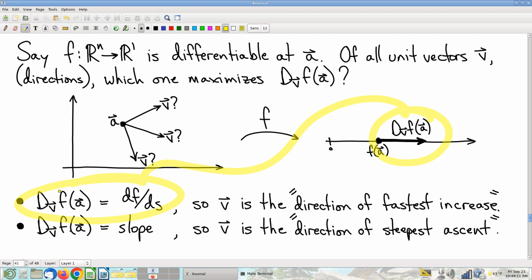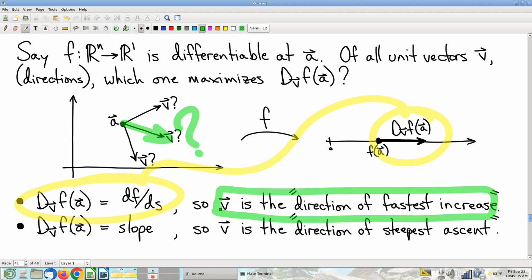Well, if you want to maximize how fast the function is changing, and by the way, there's always going to be a direction in which it's increasing, not decreasing, so if you want to maximize the amount that the function is increasing, it's pretty reasonable to think that the vector we're looking for, whatever it ends up being, is the direction of fastest increase. It's the direction in which the function's increasing the fastest. Okay? Is that cool? Yeah. Okay. So that's one way to interpret it.